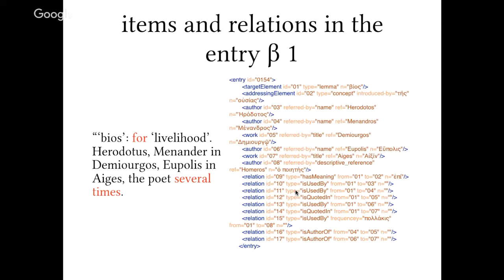The first set, with target element, addressing element, author, and works, are the lexical items, and then follow the relations between these items. I will go quickly through this entry only in order to explain some things.